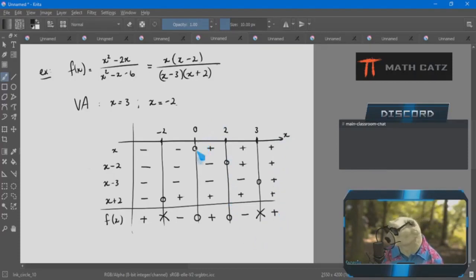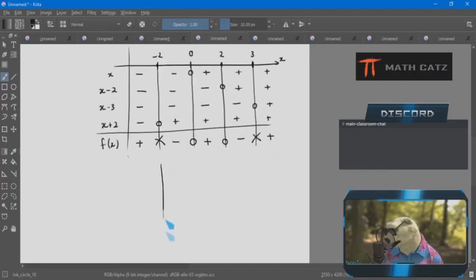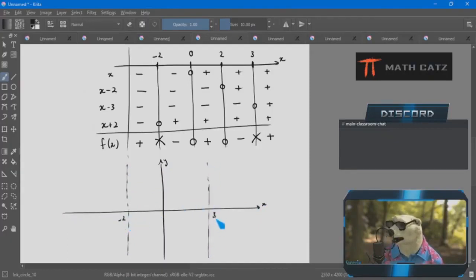Now, how does this help me? It is going to tell me exactly what is happening as I get close to these asymptotes at negative 2 and 3. If I get close on the left towards x equal to negative 2, just to the left of negative 2 on my number line in my table, anything to the left has positive y values.